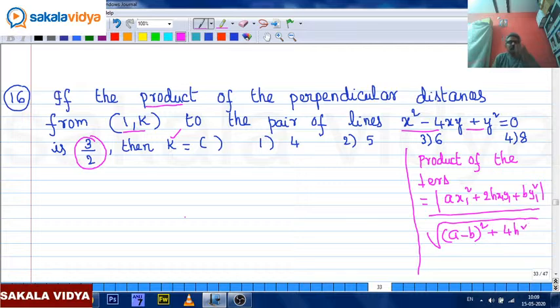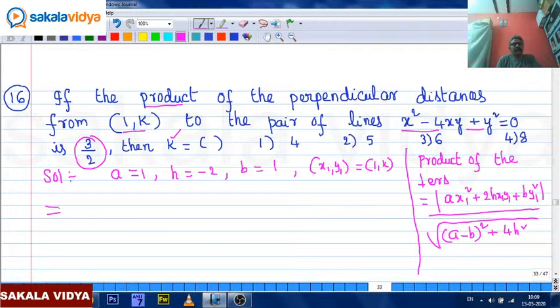Right. So now let us come to the problem. Here a means 1 because this is compared to a1, h is minus 2. Okay, what is the value of b? Yes, 1. Now (x1, y1) equals to (1, k).